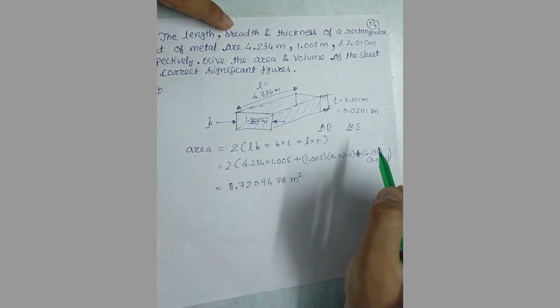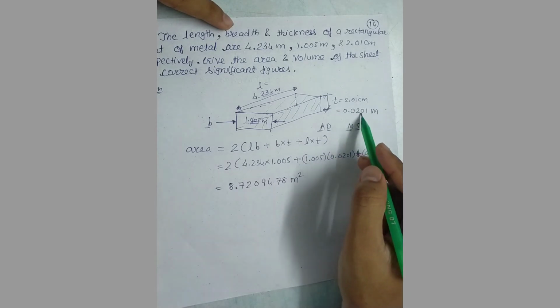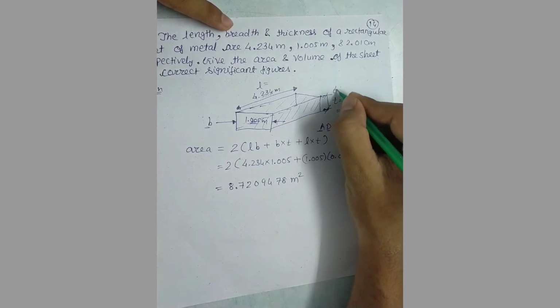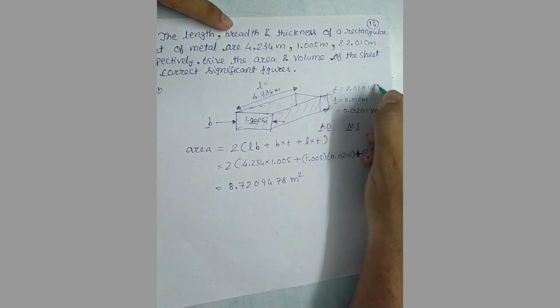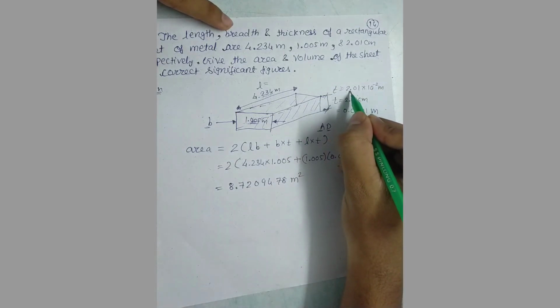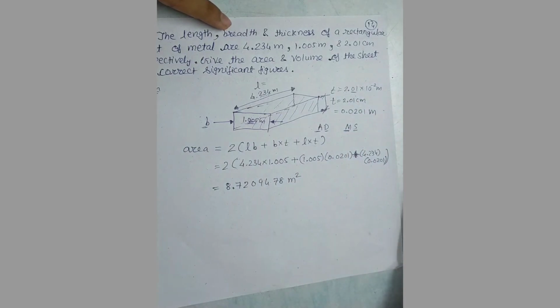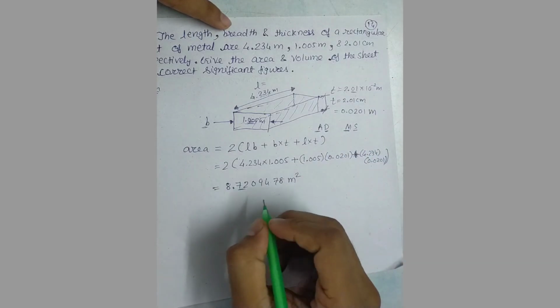The thickness is not expressed in scientific notation, so first we should express it in scientific notation. It turns out to be 2.01 multiplied by 10 raised to minus 2 meter. Here we can see 2 numbers after the decimal point, so we should retain 2 decimal places, that is up to these 2 digits.